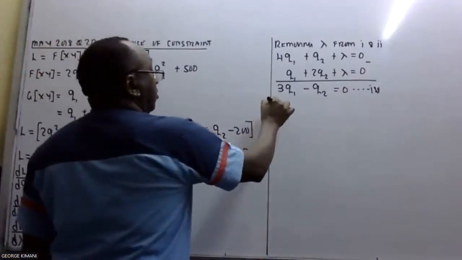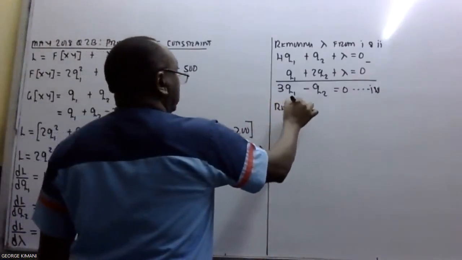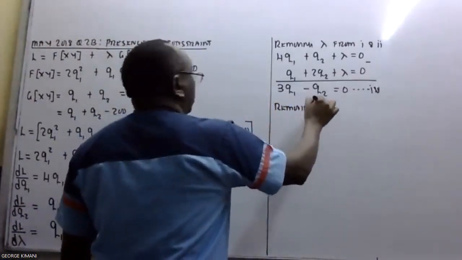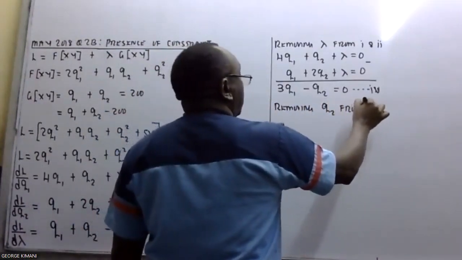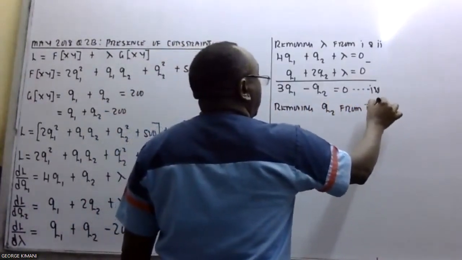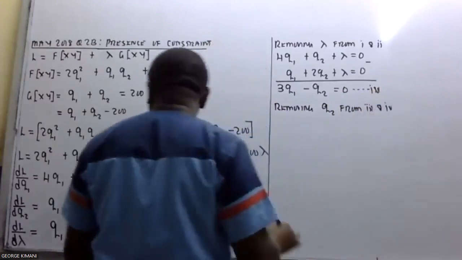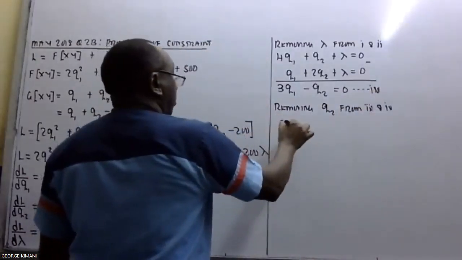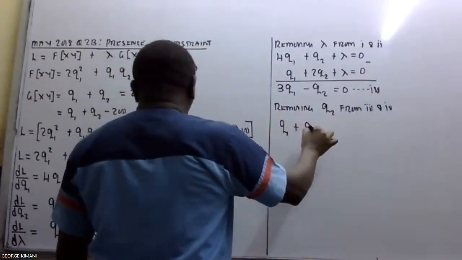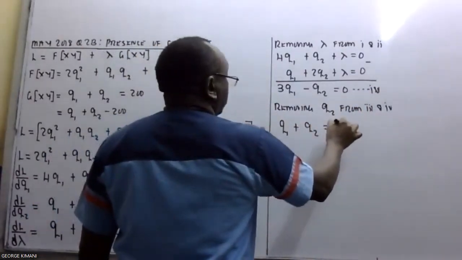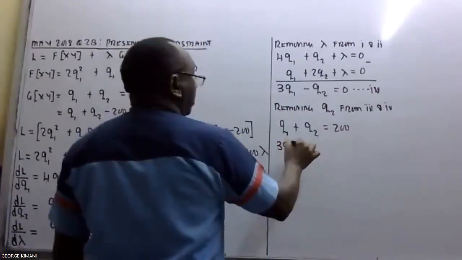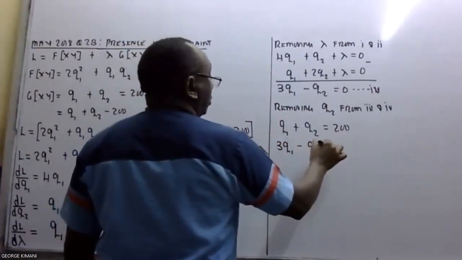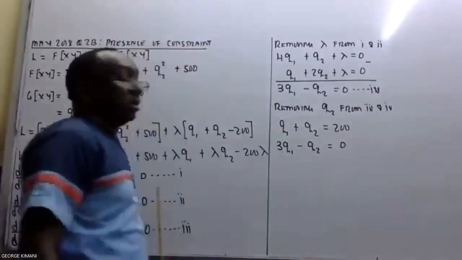Then you say removing Q2 from 3 and 4. We have Q1 plus Q2 equals 200, and 3Q1 minus Q2 equals 0.